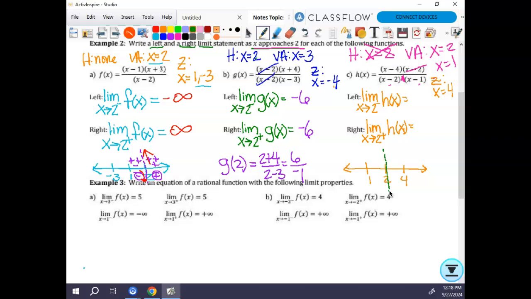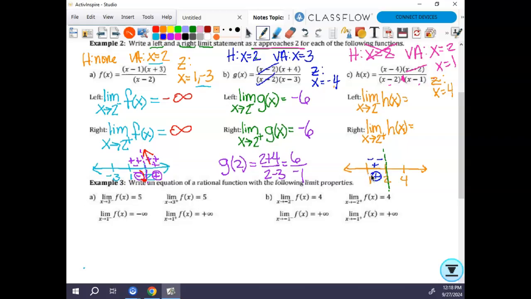All right, so then to the left of 2, I'm going to pick 1.5. See, if that wasn't there, I might pick 1, and that would be a problem, or 0. So 1.5. 1.5 minus 4 is negative. 1.5 minus 2 is negative. 1.5 minus 1 is positive. So that is positive overall.